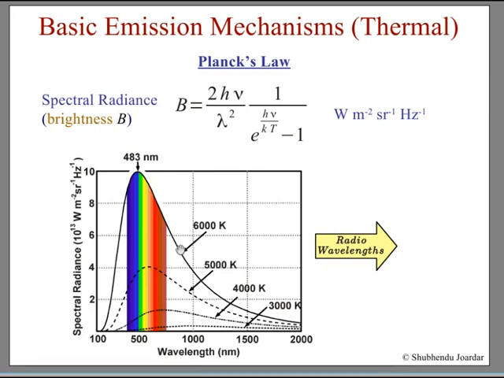So if you heat an object at 6000 degrees Kelvin, the maximum amount of radiation will be in the visible region. If you heat it at 5000 degrees Kelvin, you can see the peak is shifting to the right, and the intensity is also coming down. This is at 4000 degrees Kelvin.